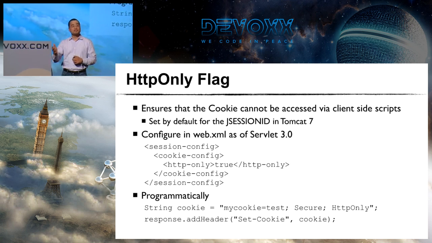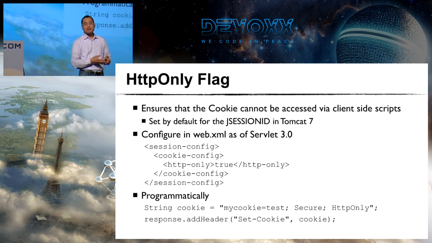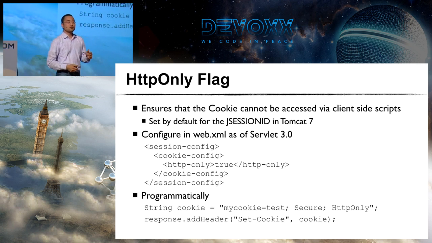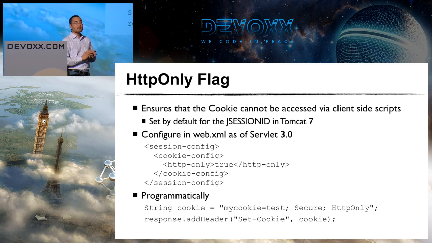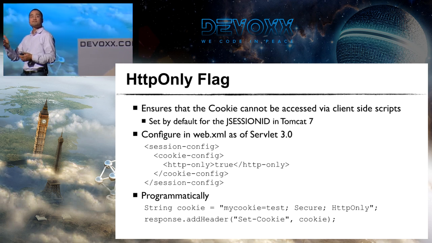So fortunately in Java, finally, in Servlet 3.0, which was finalized about a year and a half ago, we can now configure web.xml directly using some XML like this to specifically say that the JSession ID should have the HTTP-only flag appended to it, thereby mitigating some common cross-site scripting vulnerabilities. Make sense?